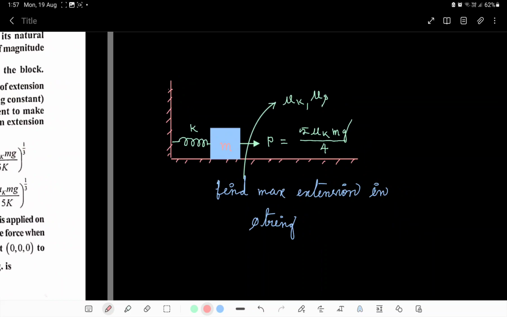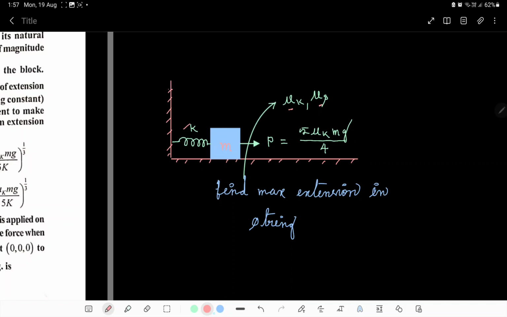So this was the diagram. There is a block on a rough surface with a mu k value, and it has a mu s value, the coefficient of static friction, and we have a spring with spring constant k.